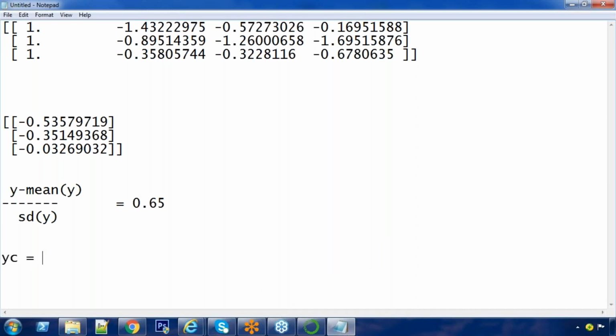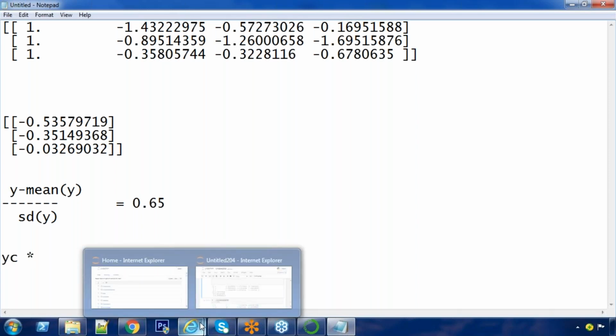Yc equal to Yc plus... Yc is already scaled values. That means in the place of 0.65, think that it is Yc. Three predictions are there. Yc into the standard deviation of the original labels. What is that variable in our data? I forget that variable name here.